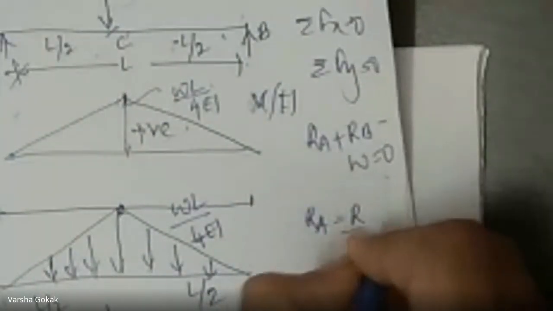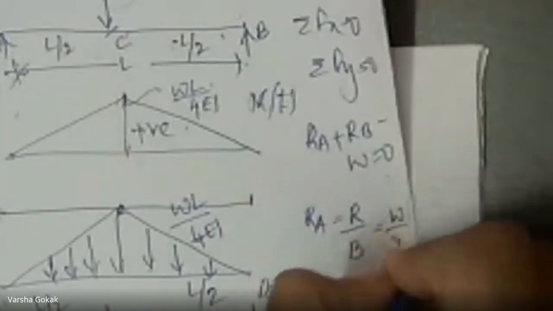Ra equal to Rb equal to W by 2, because it is a symmetrical beam. So this weight W is going to get divided equally, that is W by 2. The values of reactions Ra and Rb are going to be W by 2. This we have done in strength of materials.